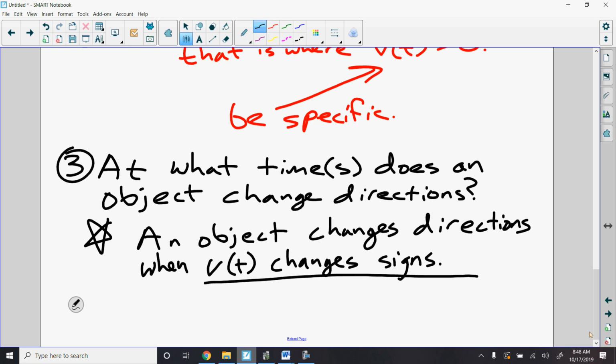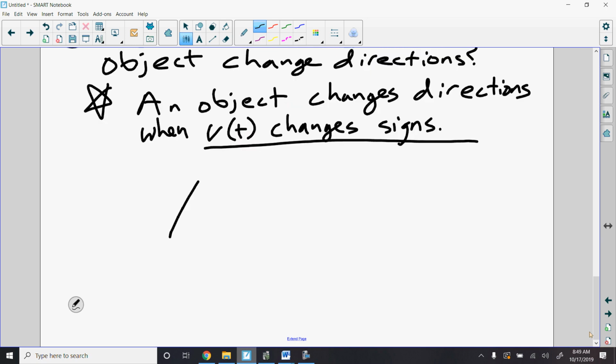For example, we could have a function that approaches 0 from the positive range, touches 0, and then goes back on the positive side. That would not change, v of t would not have changed signs. Therefore, the object would not have changed directions. So I like to think of it as identifying candidates.